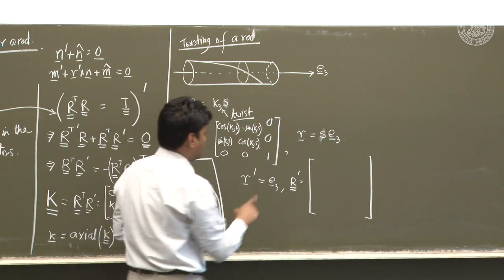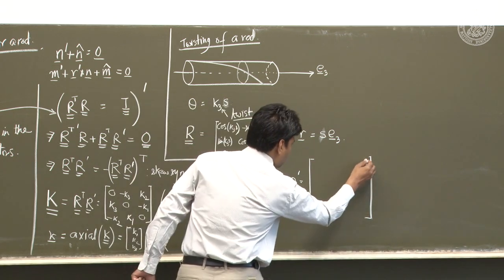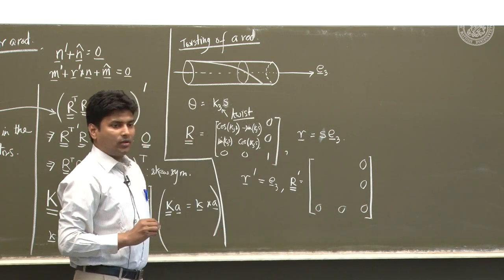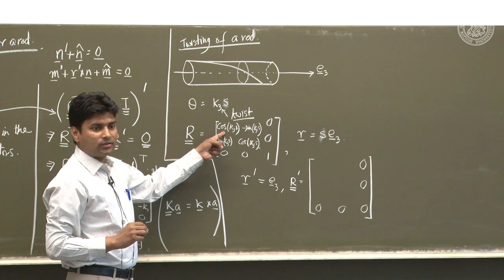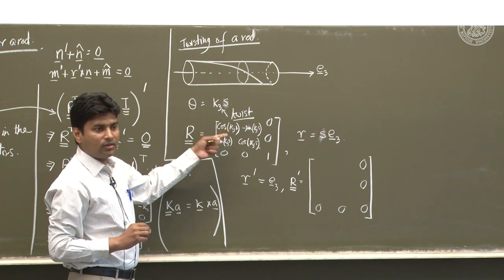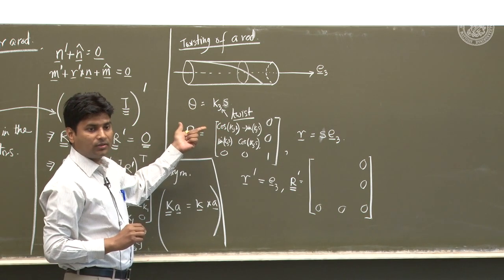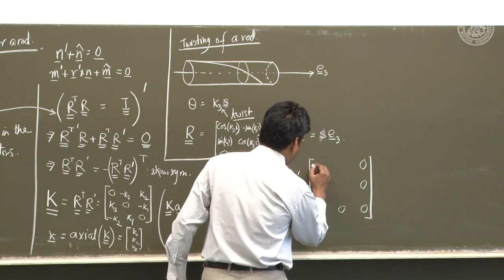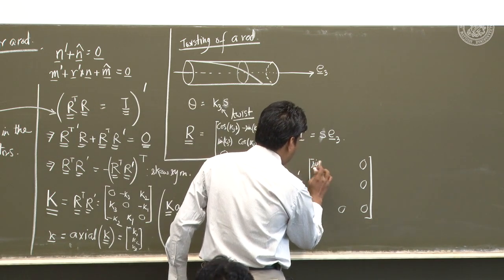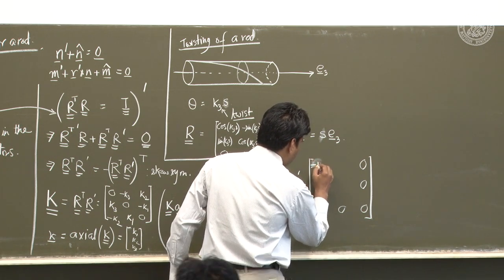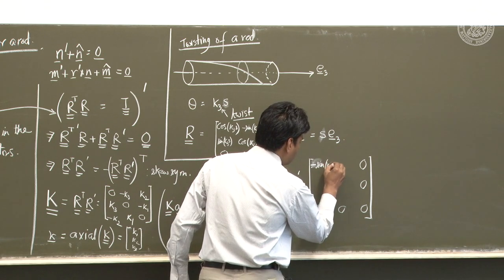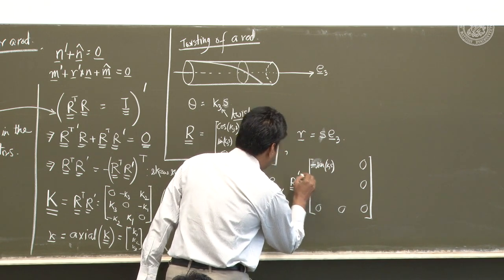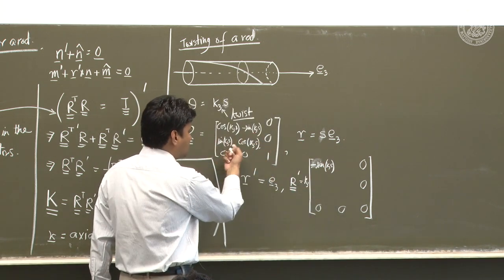So when you do big R prime, these ones all become 0, right? Cosine of K3s becomes minus sine of K3s times K3, and you get a K3 in the front because each of them is going to cough out K3.